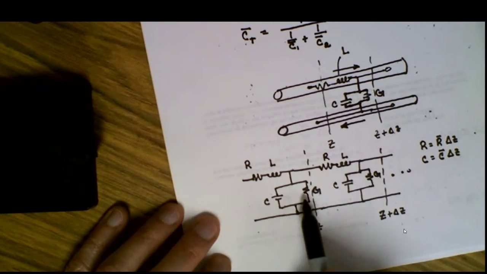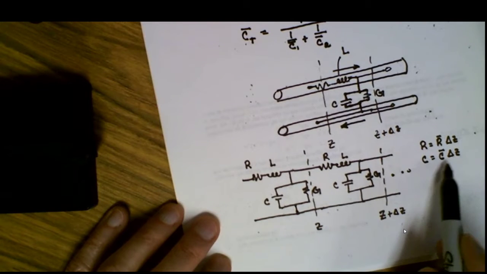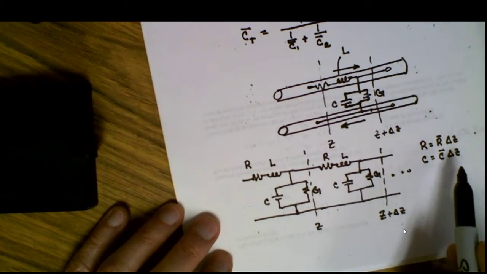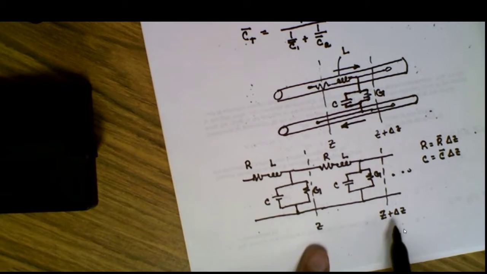Consequently, we now solve our problem in terms of their distributed parameters as compared to the total resistance, because we're only looking at a small section of our line.